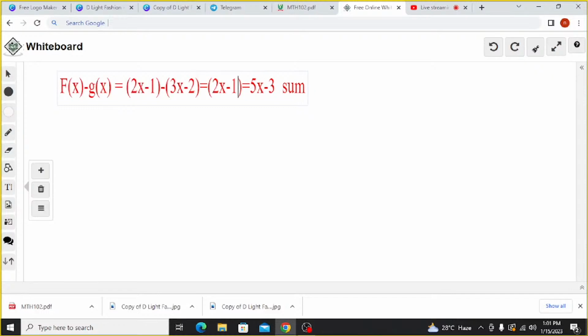This minus multiplied by plus 3x equals minus 3x. This minus also multiplied by minus 2 equals plus 2, because minus times minus equals plus. So what's our final answer here? Let us collect the like terms.